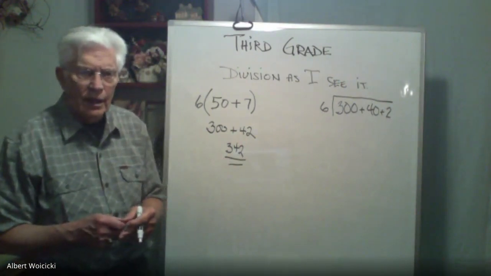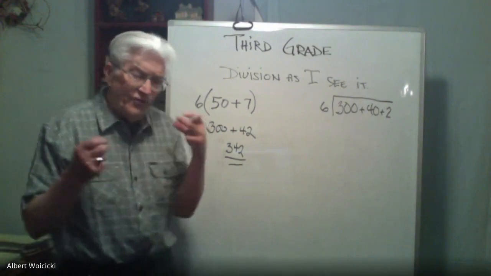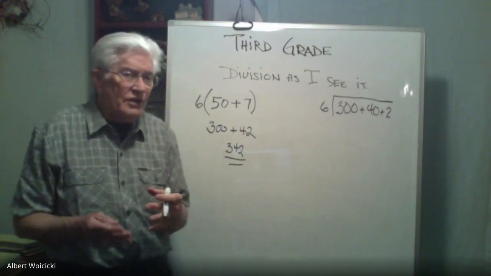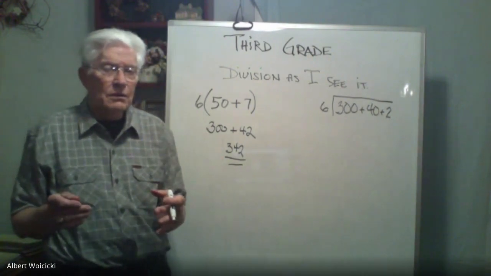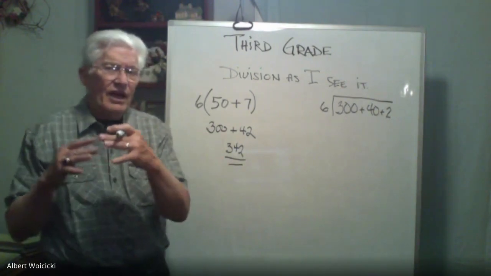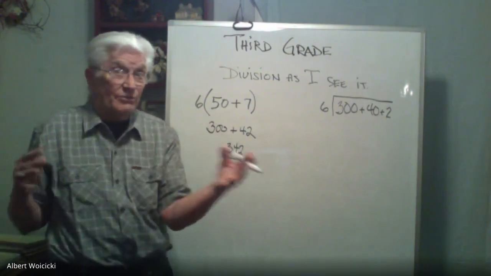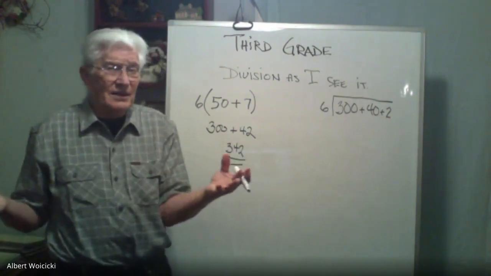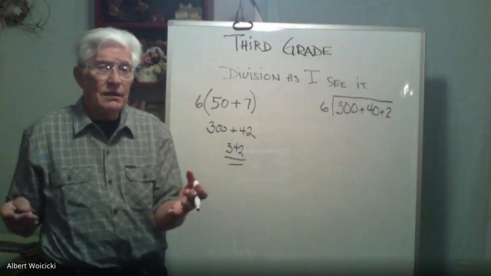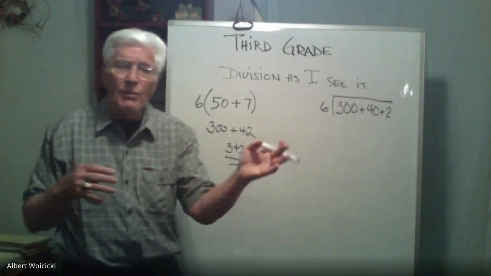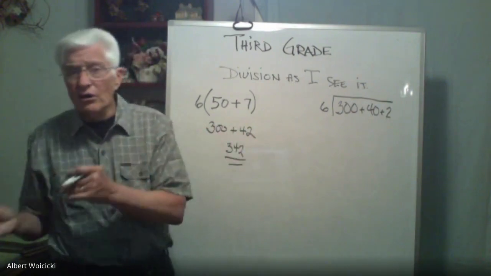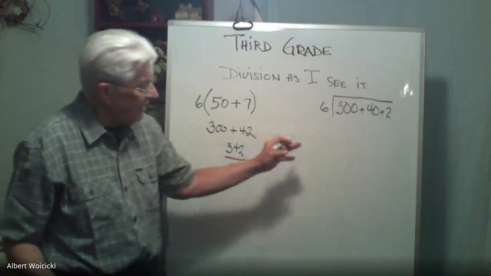342. Now, if division doesn't look like multiplication, or it doesn't have a common relationship to it, then I don't understand it, because they're opposites. If they're opposites, there should be some simple way of looking at it. Well, let's look at it.